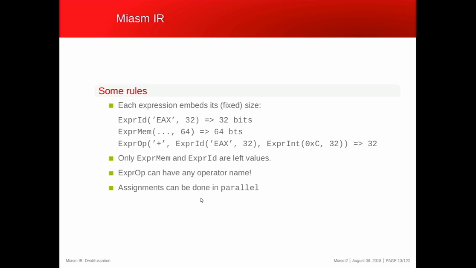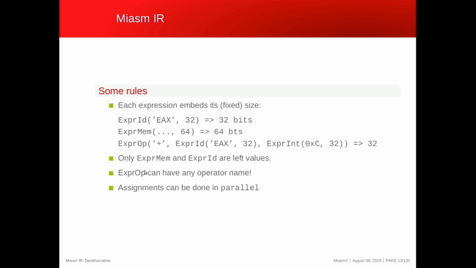Okay, so there are some rules about this language. The first rule is that each expression has a fixed size and embeds its size. Another rule is that you can only have a memory dereference or a variable as the left value of an assignment.